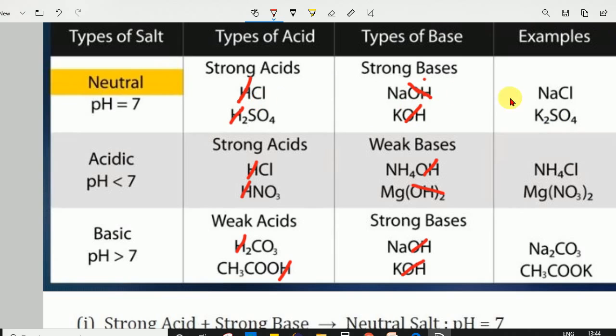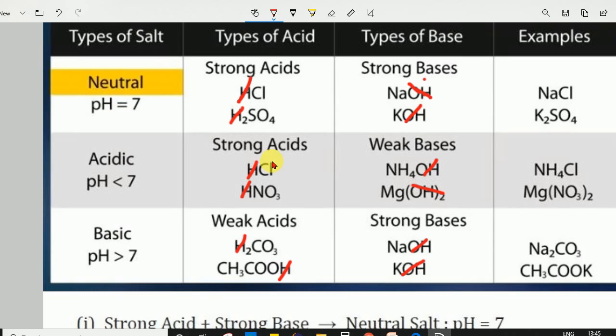Means the salt will not have either an OH ion or an H ion. So the salt will be a neutral salt, and when a neutral salt is formed, its pH is almost equal to 7. Now let us consider a salt which is acidic. How are acidic salts formed?